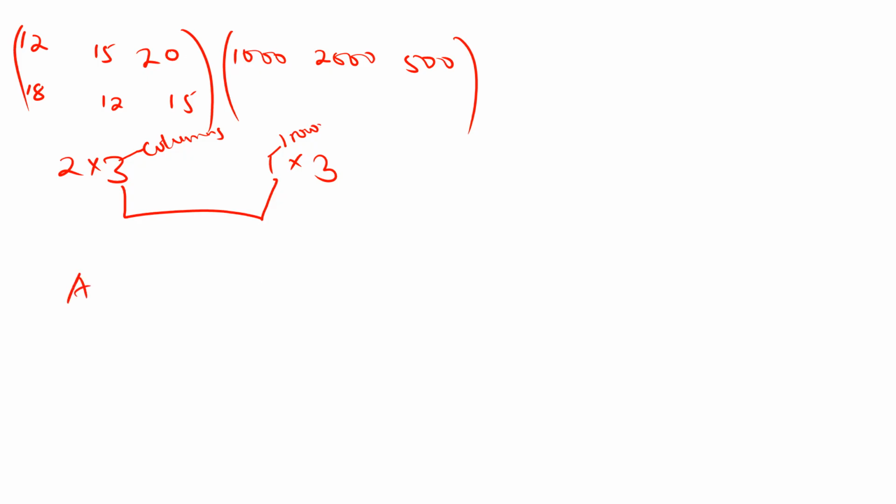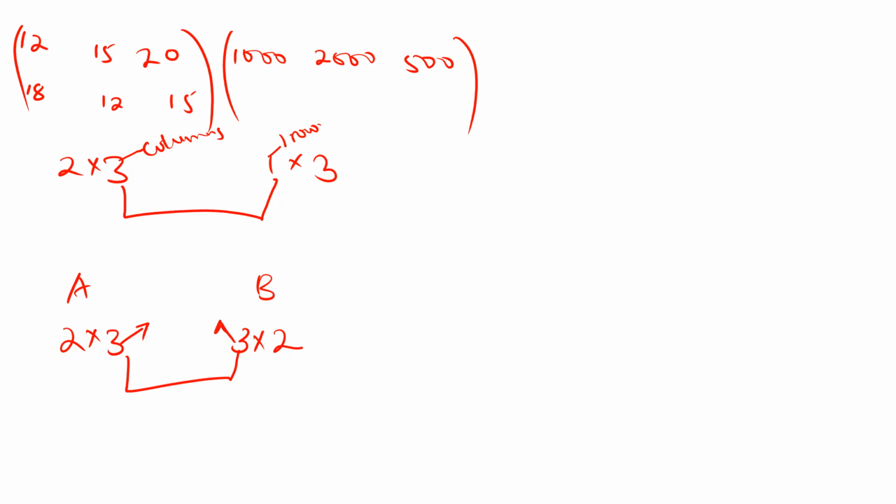At all, I have matrix A and matrix B. If a matrix is a 2 by 3, the number of columns in the first matrix should be the same as the number of rows in the second matrix.